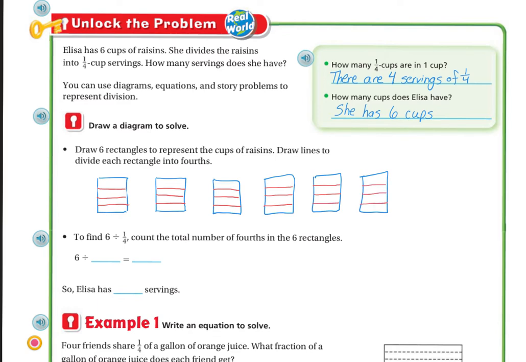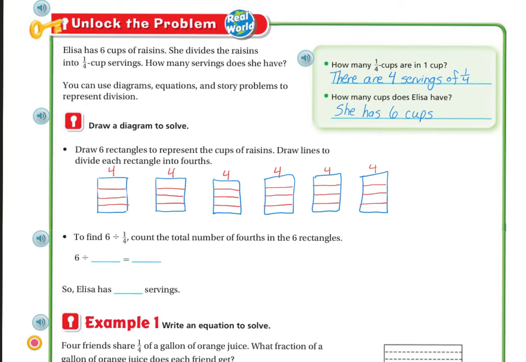So there we go. Now, to find 6 divided by 1/4, we're going to count the total number of fourths in all 6 rectangles. So I have 4 fourths here, 4 more here, 4 more here, 4 more here, 4 more here, and 4 more here. So let's count by 4s.